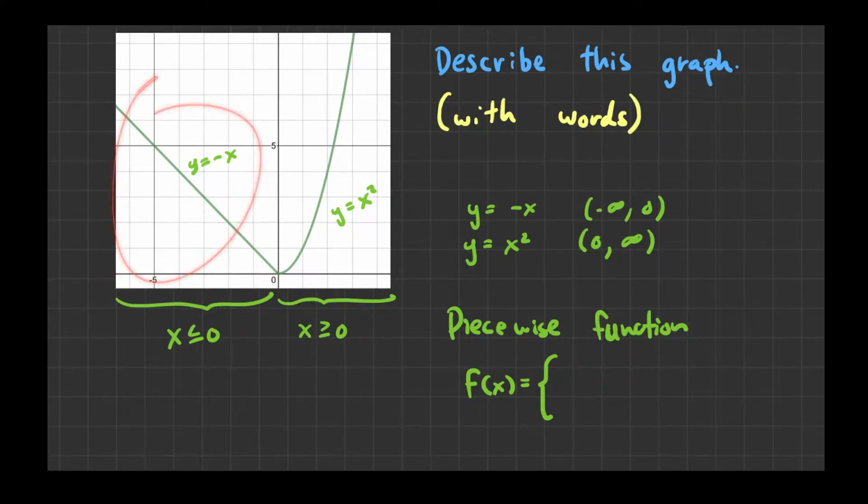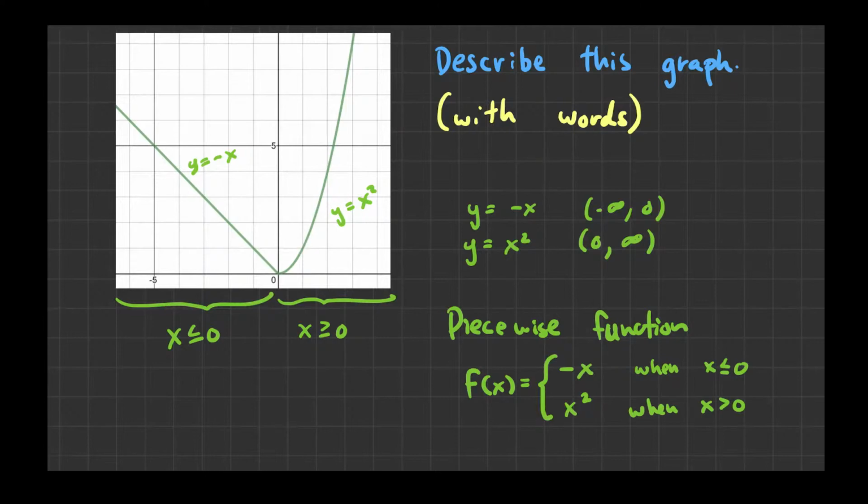So we write f of x is equal to negative x, that's what this one is here, and then we write its domain: when x is less than or equal to 0. That's the first portion. Then we write the next portion, which would be x squared when x is greater than 0.